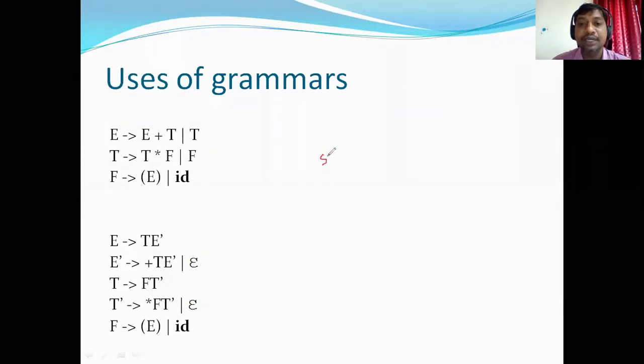Say statement, STMT, derives, or implies, subject followed by verb followed by object. This is my first production rule in my grammar. Then subject could be Rama. Here Rama is a token.